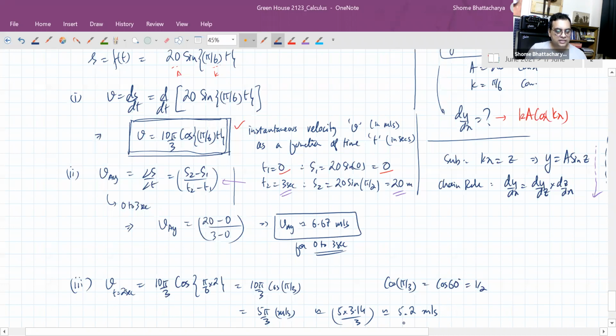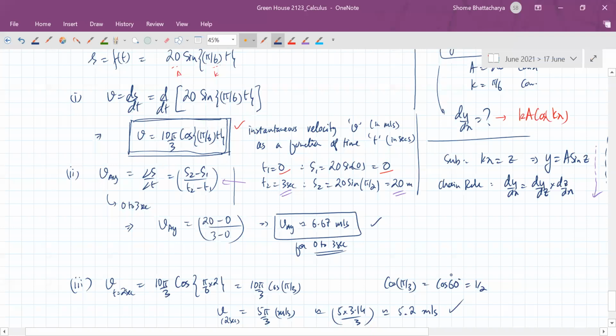So this is the instantaneous velocity at 2 seconds, whereas this is the average velocity between 0 to 3 seconds. The method is clear now to all of you? Yes, sir.